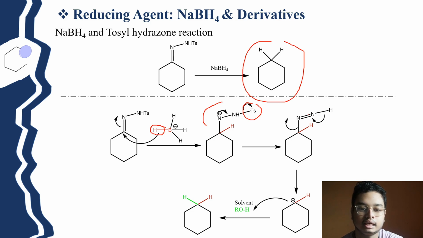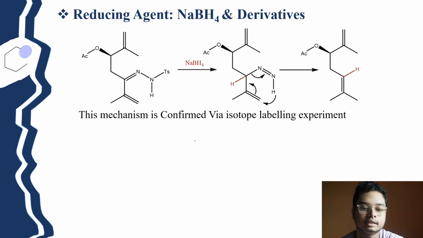Then the hydride returns to eliminate the N2 from this mixture to generate this intermediate, and in the presence of solvent quenching, it generates this type of compound.